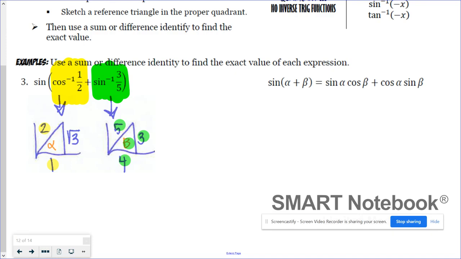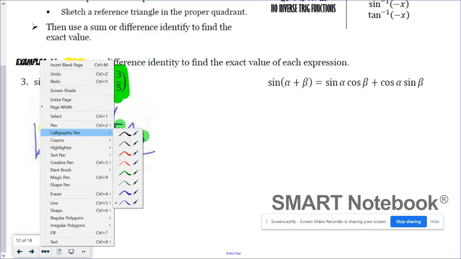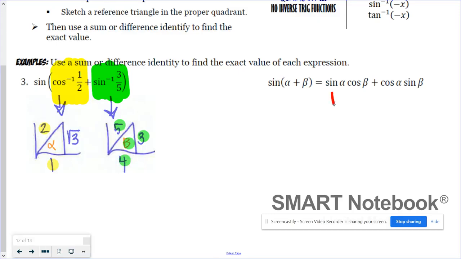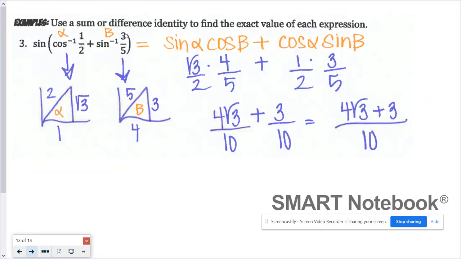And so just like before, I'm going to find the value of these 4 functions in my formula. So I'm going to find the value of sine of alpha, cosine of beta, cosine of alpha, and sine of beta using these two reference triangles. And so I did that here, right? So I had sine of alpha. Alpha is that first triangle, and sine is the opposite over the hypotenuse.